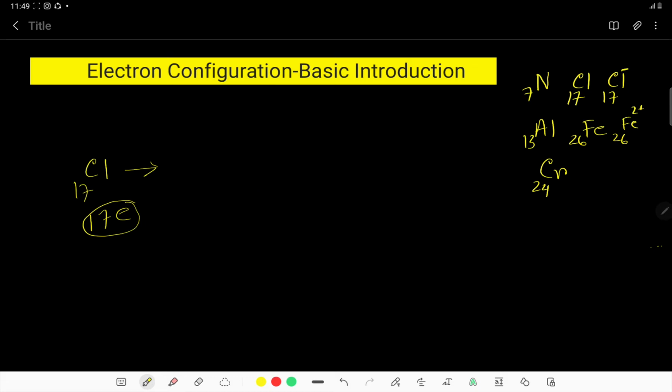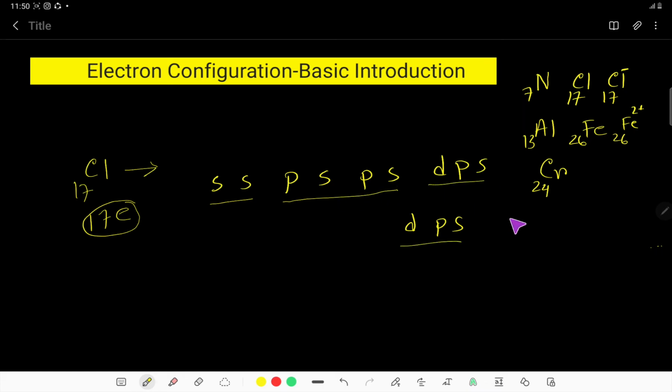To show you the second method, you have to memorize this: s just once, ps just twice, then dps just twice, then you can take fdps.